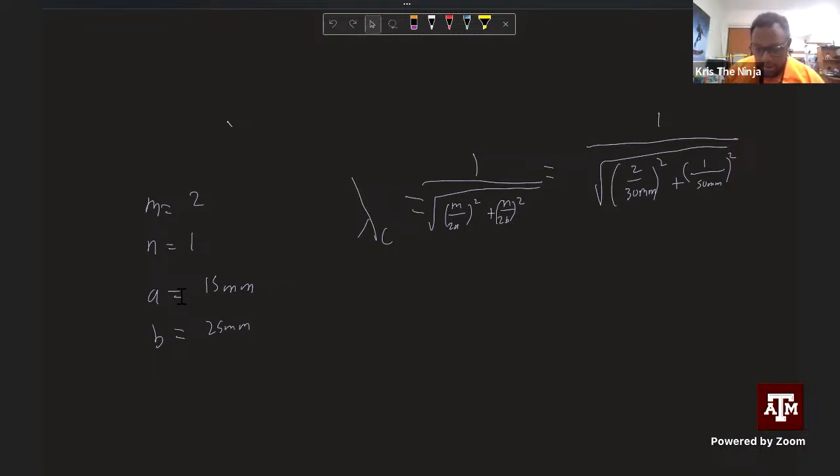So that plus this, then do the square root of that, then 1 over that. So our cutoff wavelength should be about 14.4 millimeters.